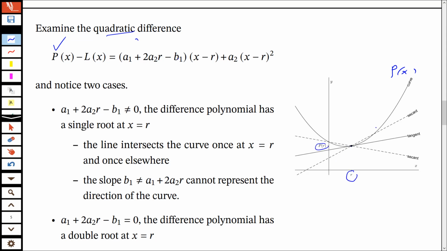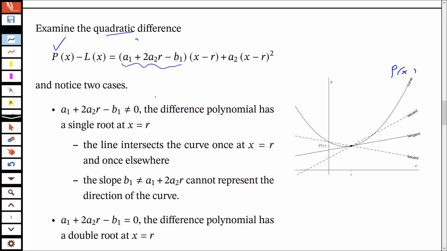Without that, we are not considering lines not intersecting that point. But of these lines, we want to search for the one that truly captures the direction of this curve. So that will now depend on this coefficient and this coefficient.